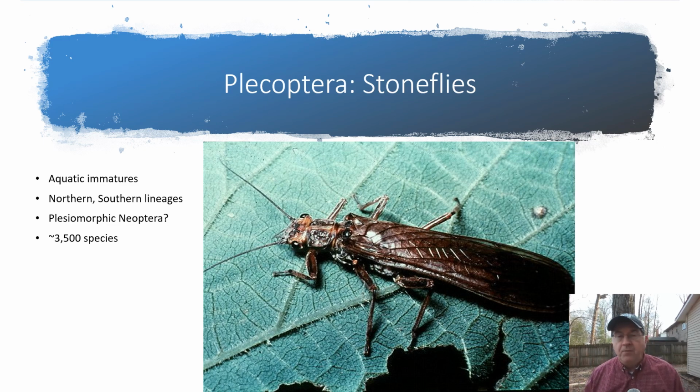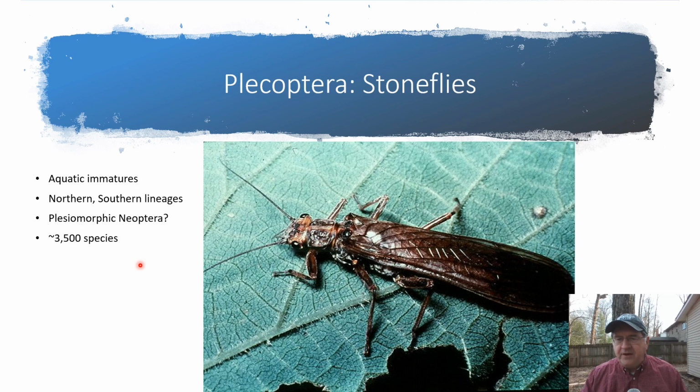Even the Orthoptera, to be honest with you, are highly specialized, whereas these are relatively generic. And some people have also put a lot of emphasis on the idea that they have aquatic immature stages, reasoning that if the abdominal gills of mayflies are serially homologous with wings, and that wings initially evolved in an aquatic habitat, then the fact that these guys still retain aquatic immature stages might point to them being relatively basal on the phylogenetic tree.